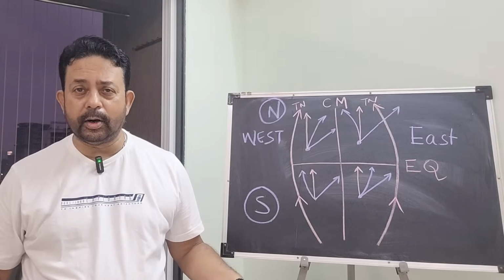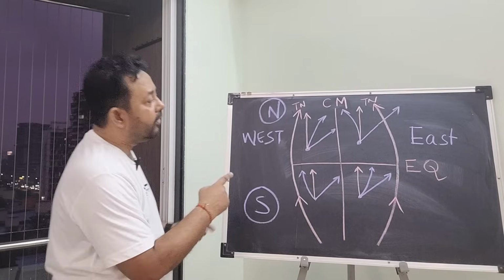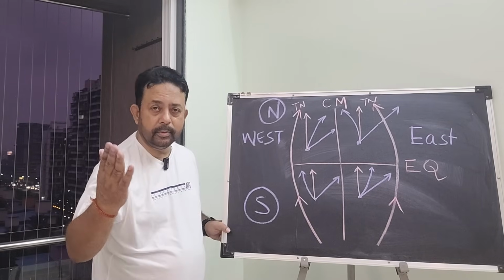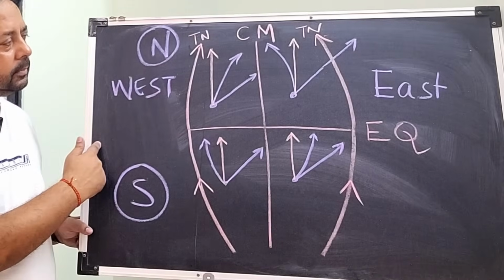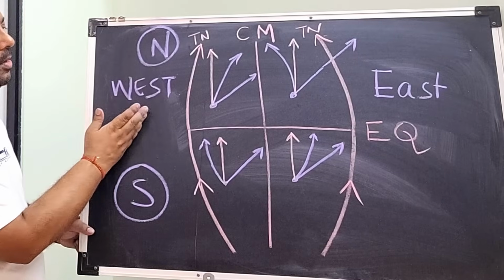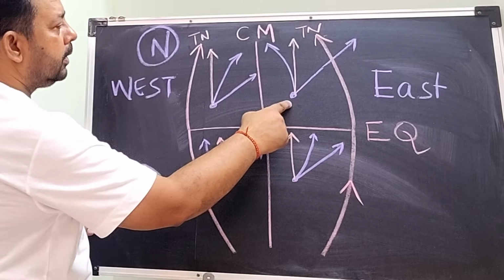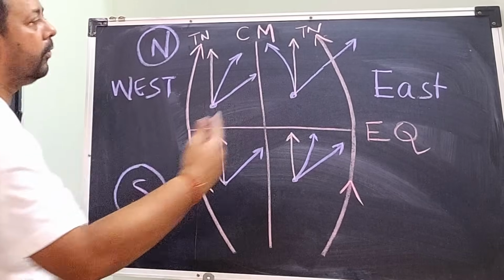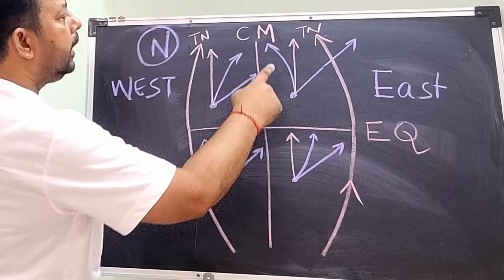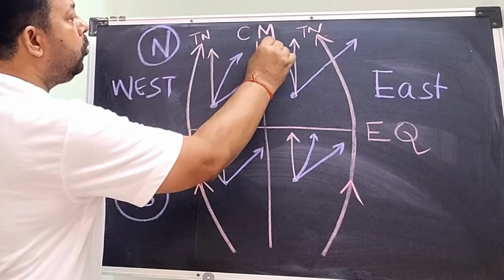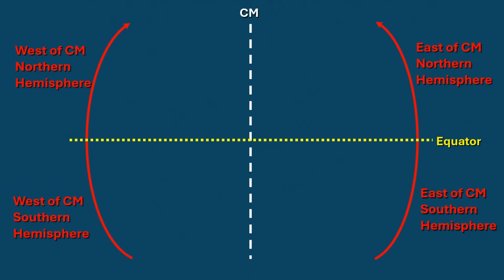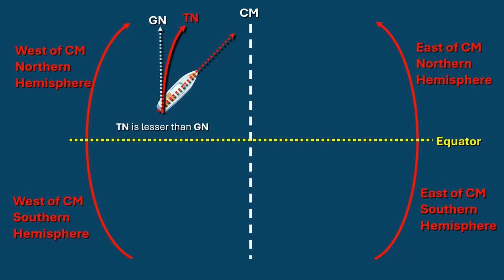And 2 seconds is over. Now I want you to have a look at this drawing. Zoom in. You see on the northern hemisphere, in the east side of the Central Meridian, the true north is going to be greater than the grid north. In the northern hemisphere on the west of the Central Meridian, the true north will be smaller than the grid north.